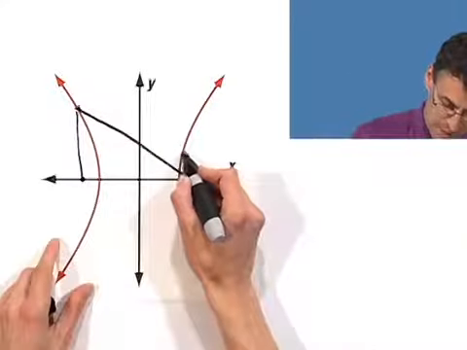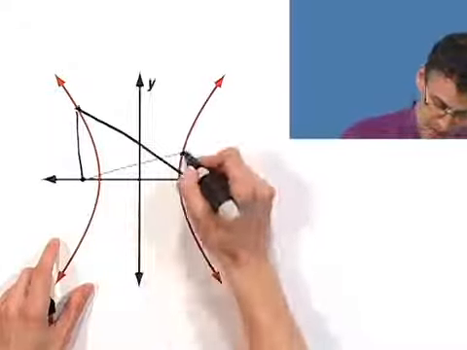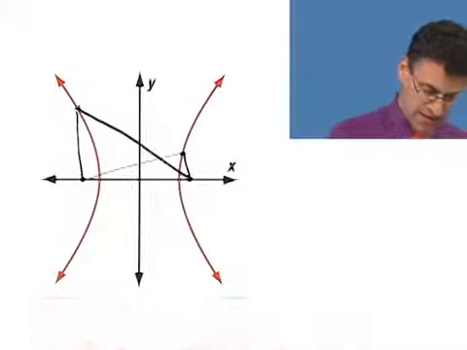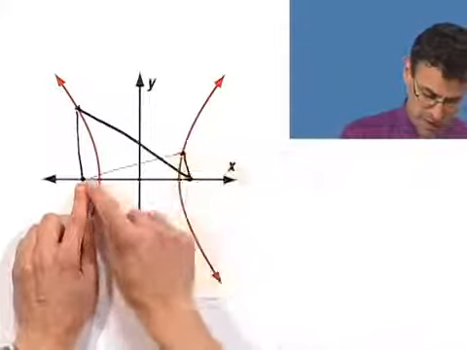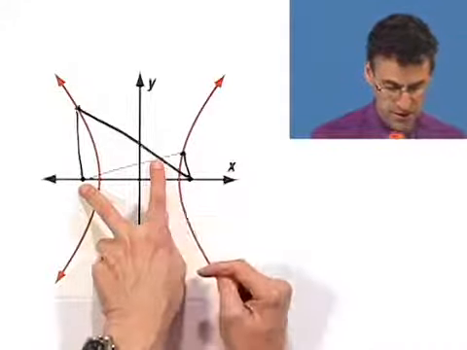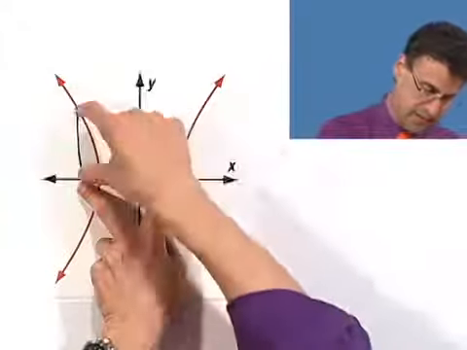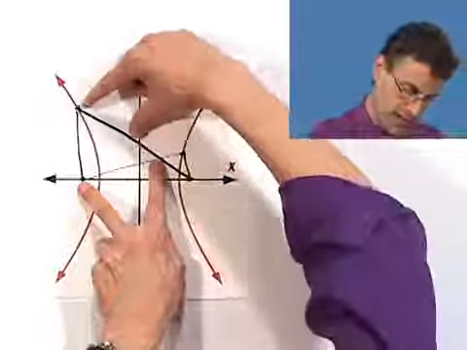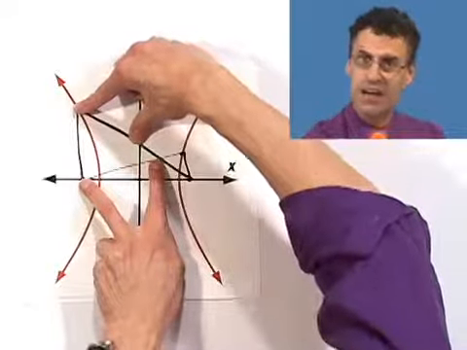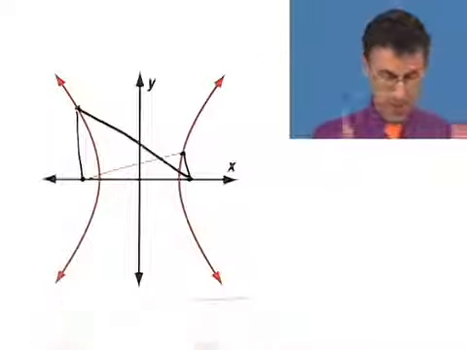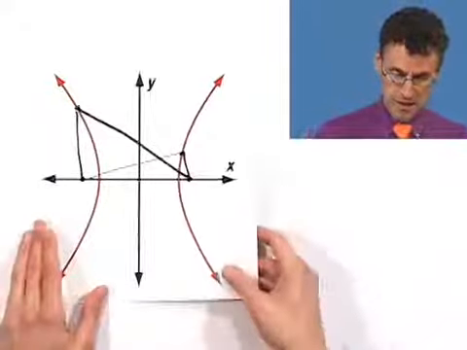So let me pick a point right here and look at this distance and this distance. Then if I take this length and subtract that length, that gives me this little length right here. And notice that that length is the same as taking this length and subtracting that length. And so this length and that length are the same. Hard to see, isn't it? It's a little more complicated because it's differences, absolute values, differences. But that is a geometric way of producing the hyperbola.